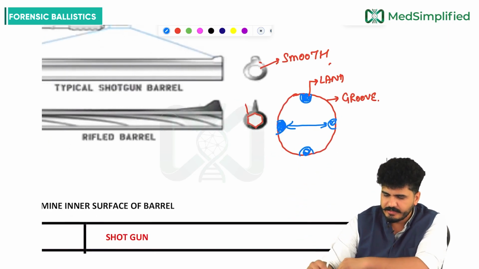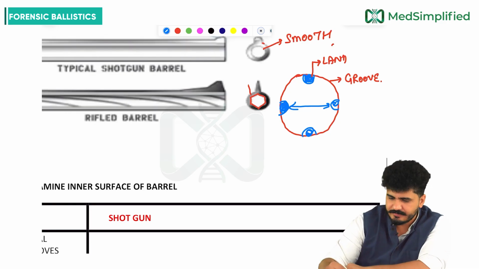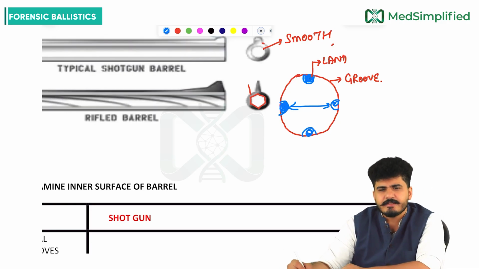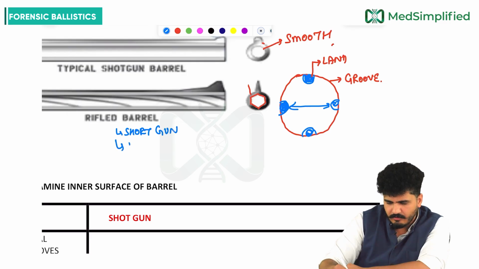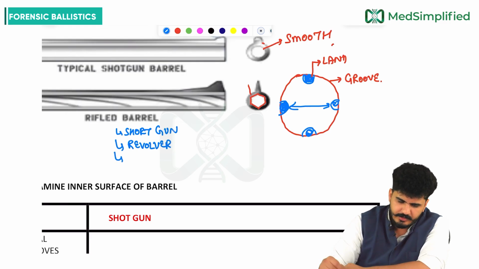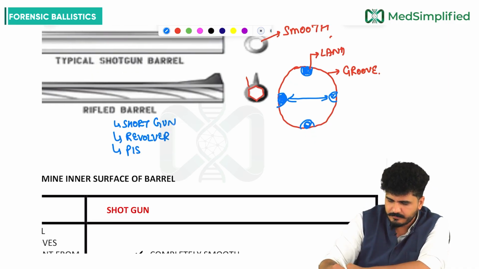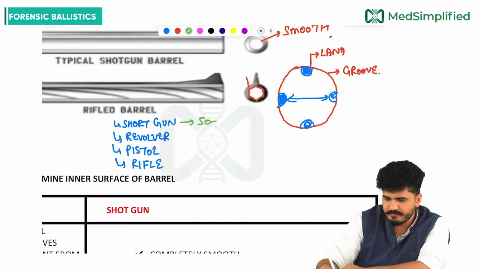Now let me tell you about the different ranges. First of all, shotgun. Then write revolver, then pistol, then rifle. The shotgun range is very less, 50 to 60 yards.